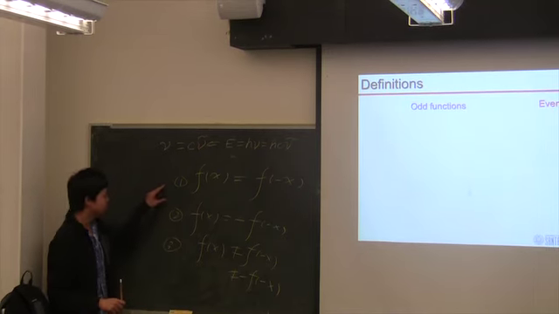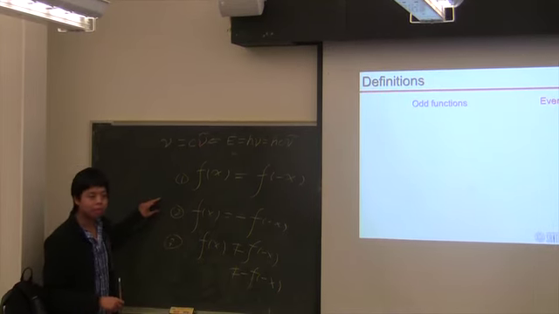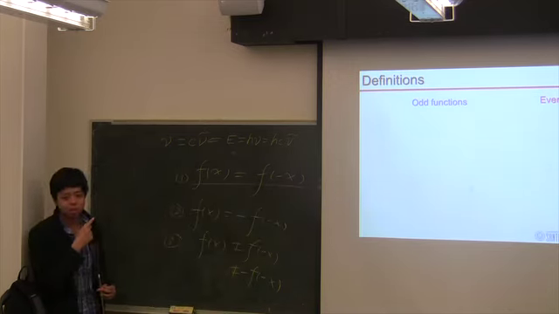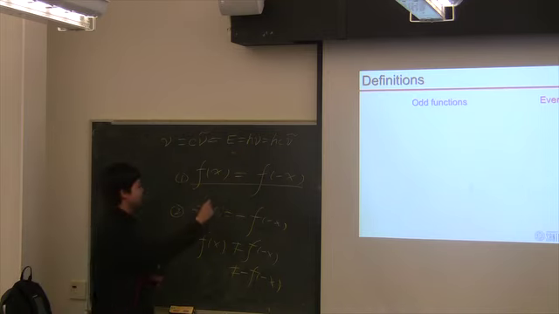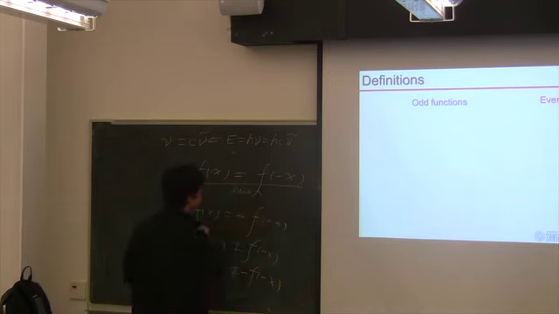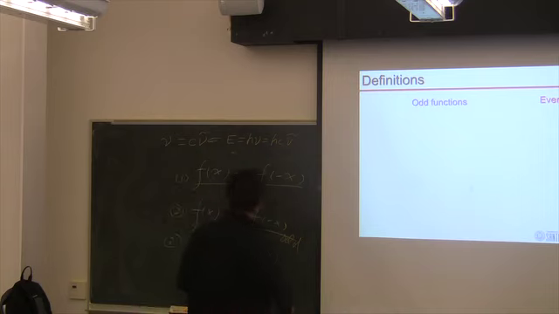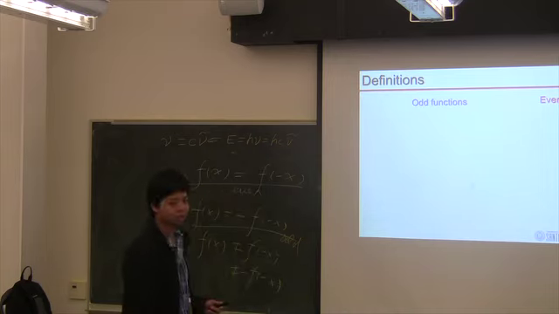But the first two are kind of special. If f(x) satisfies this relationship, this is called even. Then this is called odd. And this is called just a function, not even nor odd.